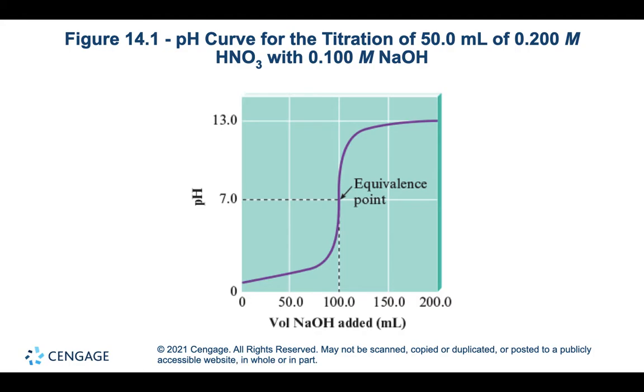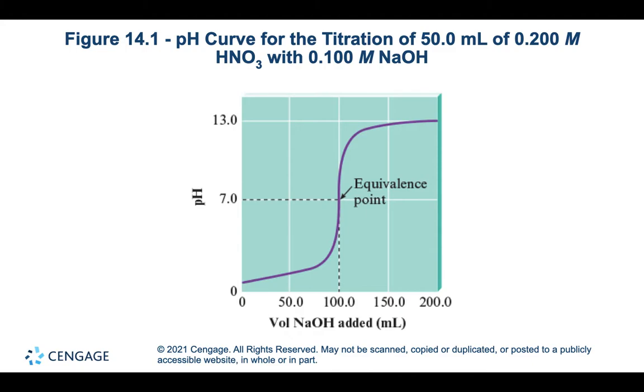Okay, so here's a typical pH curve. It is not a straight line graph, and that's due to the log basis for the calculation of pH. Since pH is based on logs, let's say you're starting with a strong acid here, like nitric. If your nitric acid is 0.2 molar, then your pH is actually going to be slightly below 1.